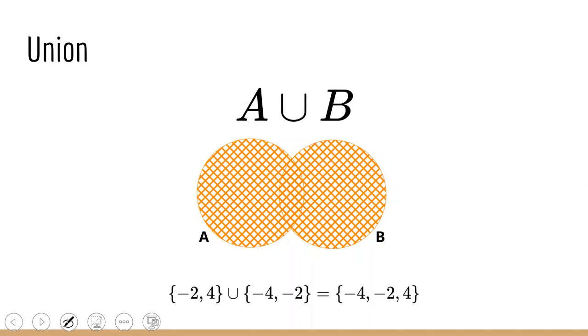If we were to look at the same sets as before, to find the union, we would get all the elements contained in both sets. But note we do not repeat elements. So -2 will only appear once in the union description, even though it appears twice over here.